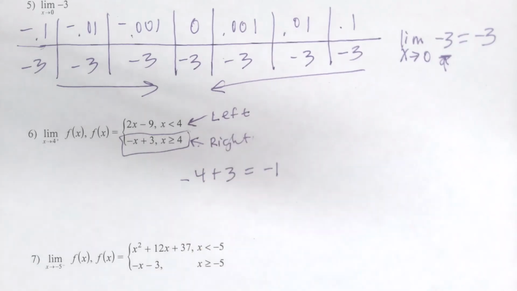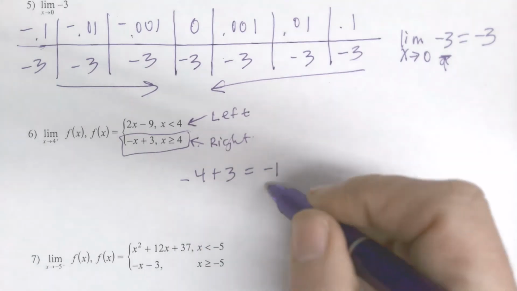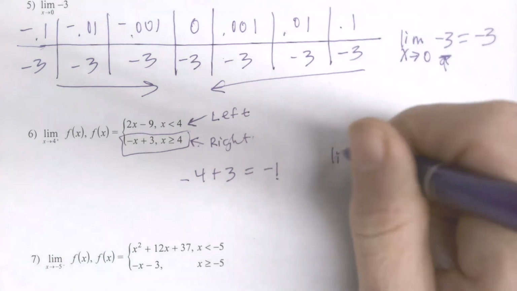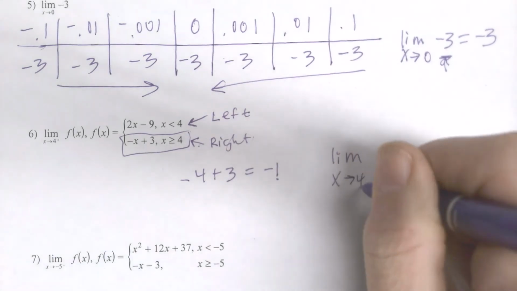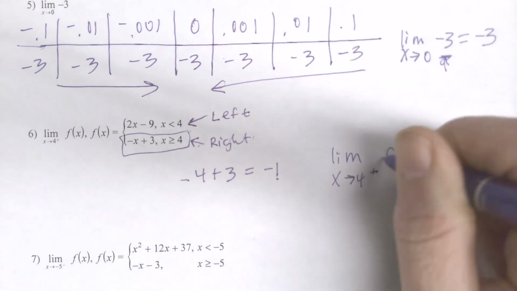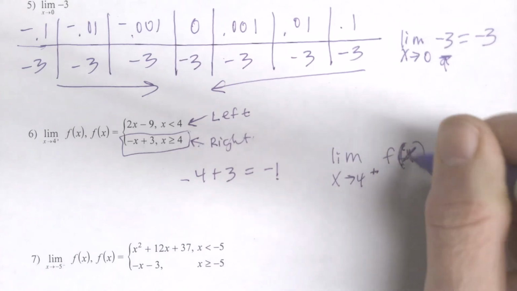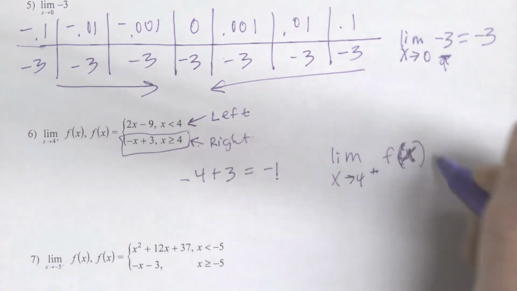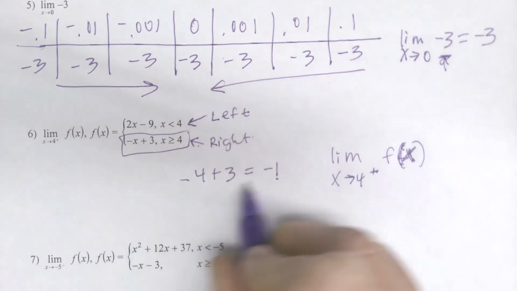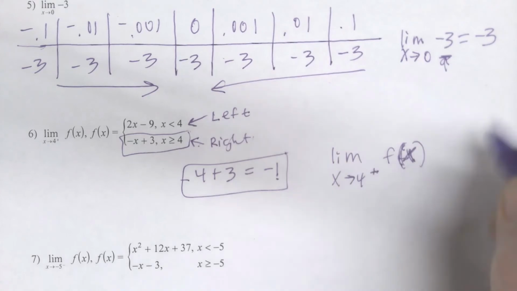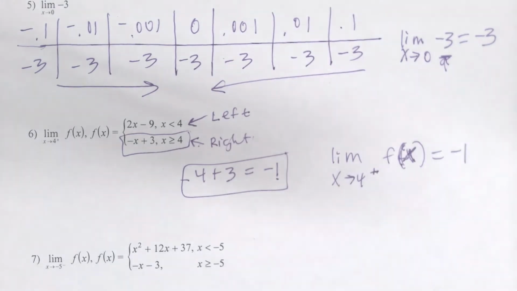All I care about is the right. And what's that value? -1. So the limit as x approaches 4 on the right of this function, because again, all I care about is the right-hand piece of the function, is just that particular part, and that value is -1.